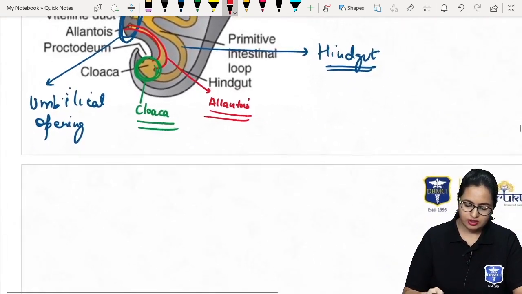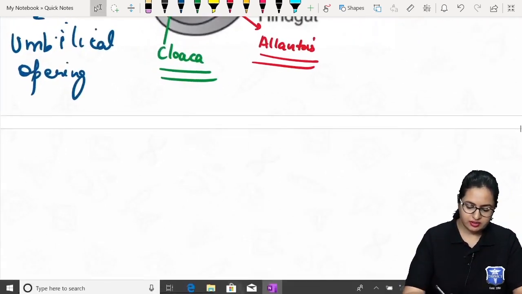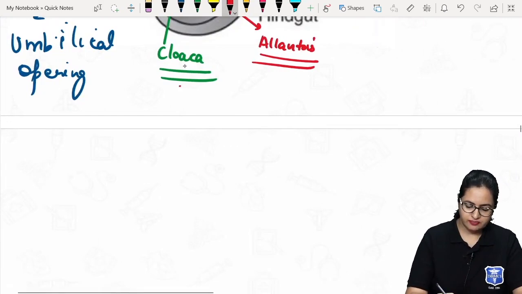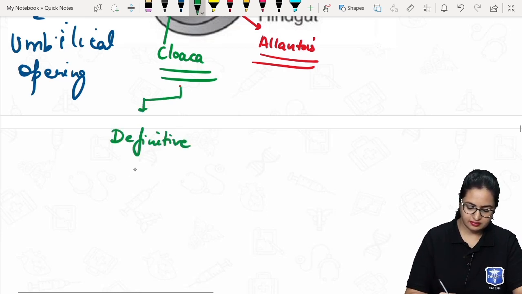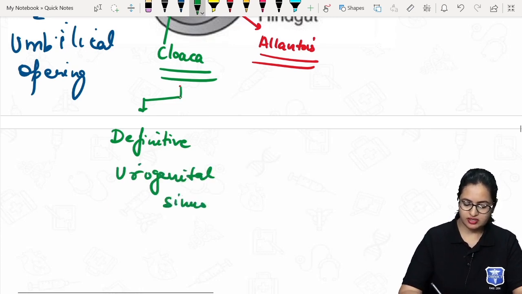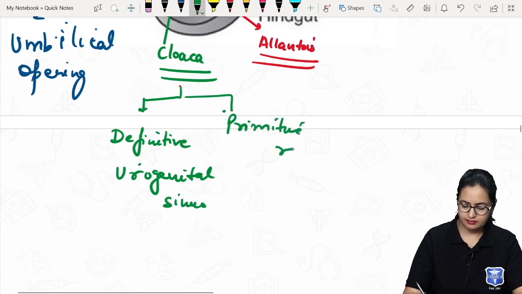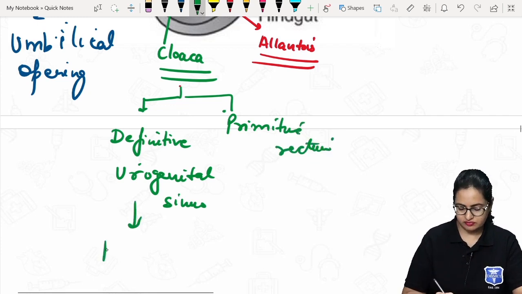Now when we are talking about the cloaca, it is actually divided into the definitive urogenital sinus and also it gives rise to the primitive rectum. The definitive urogenital sinus is the one which gives rise to the urinary bladder.